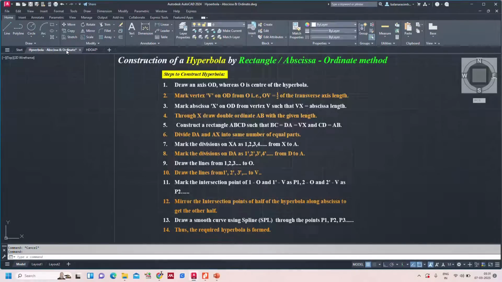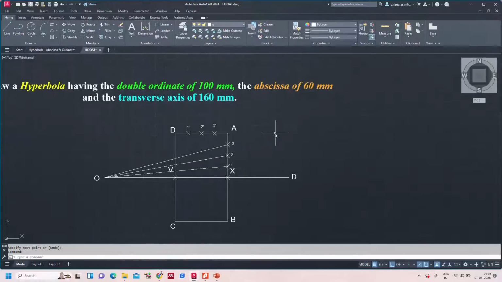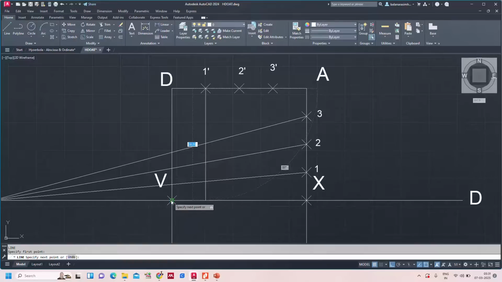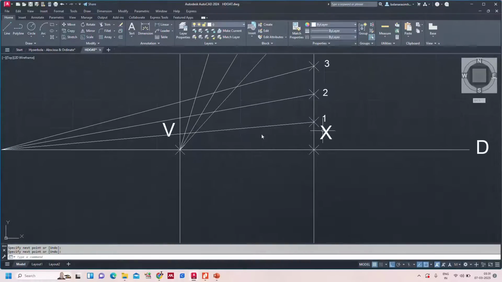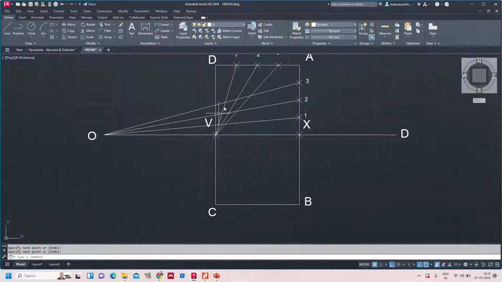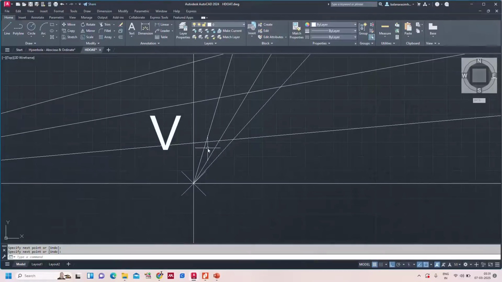Next, draw the lines from 1 dash, 2 dash, 3 dash to V. Take the line from 1 dash to V, 2 dash to V, and 3 dash to V. Now you can see, guys, 1 O and 1 dash V, this intersection point should be marked here.